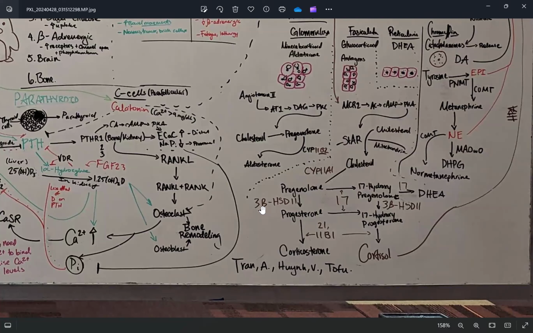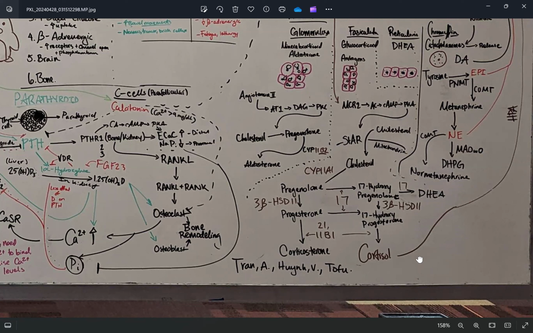You can use CYP17 to convert the pregnenolone and progesterone to the 17 hydroxy forms. The 17 hydroxy forms are what make the cortisol on the left side of this reaction here. From the progesterone, you use 21 and 11B1 to make cortisol or corticosterone, depending on which side you're on.